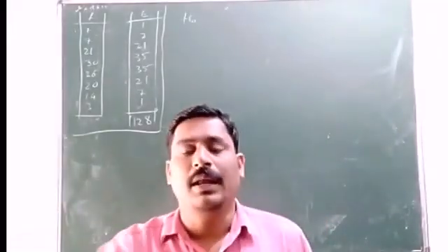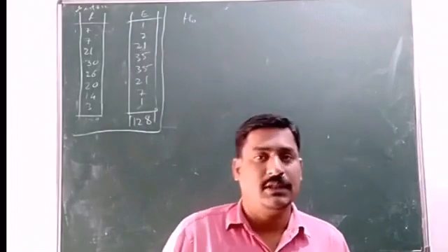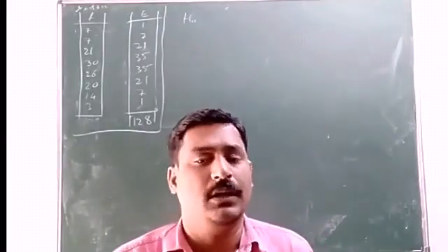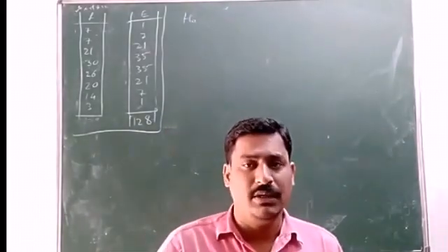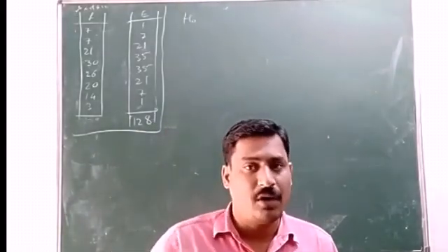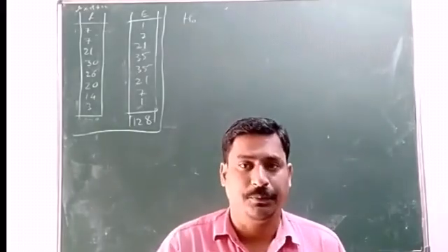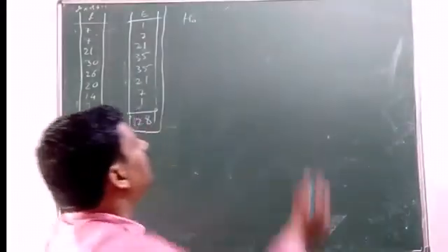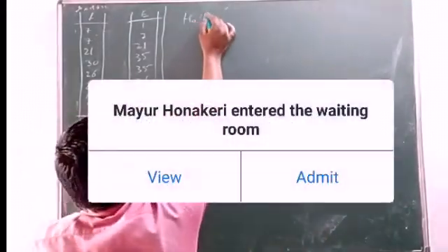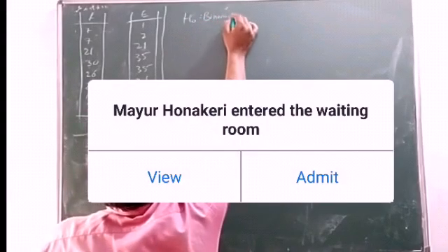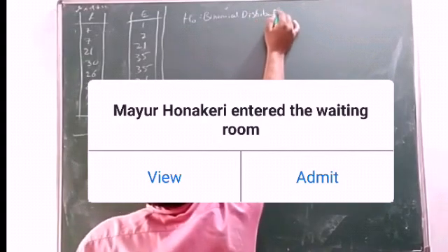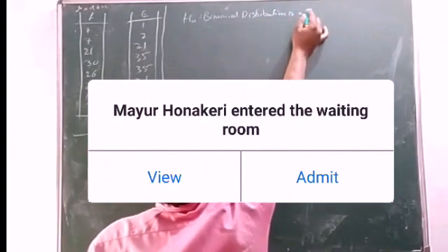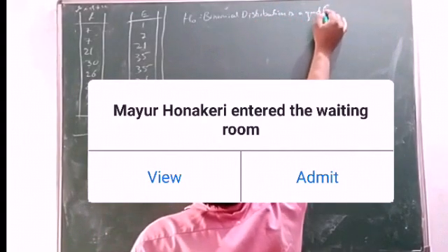Now, null hypothesis. So what is the null hypothesis here? We have prepared a binomial distribution. So we assume that binomial distribution is a good fit for this distribution. So write the same here. H0: binomial distribution is a good fit.